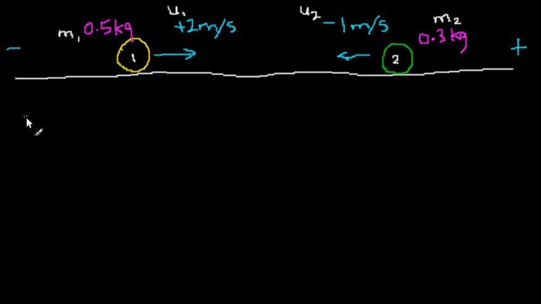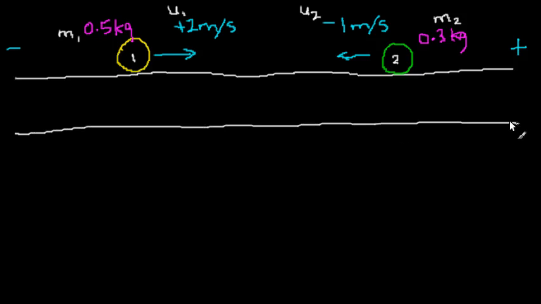And suppose that after they bounced off, the yellow ball bounces off in an opposite direction, with a speed of maybe 0.5 meters per second, and let's say the green ball bounces off with a speed of, say, maybe 2 meters per second.